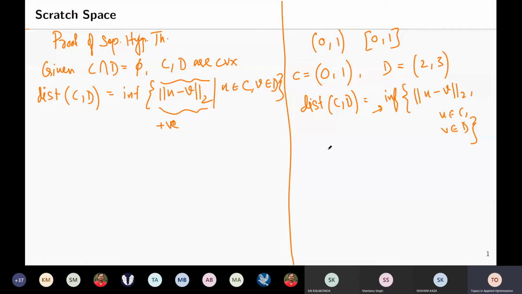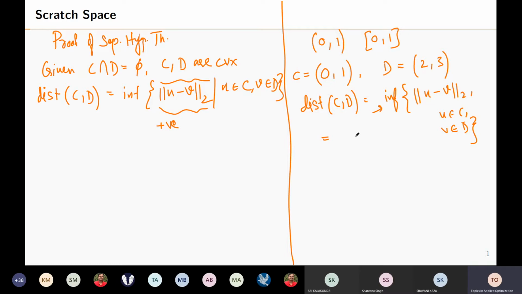Last time we did infimum. What do you think is the answer? The distance? 1. Yeah, so the distance is 1. Why did you think it's 1?